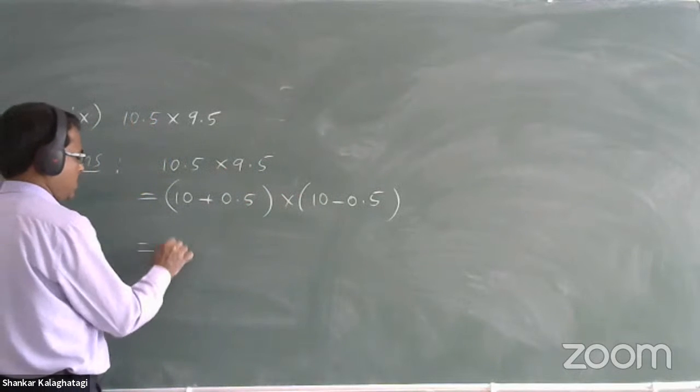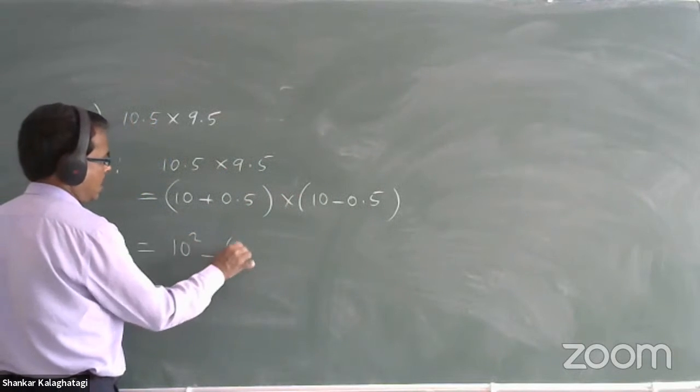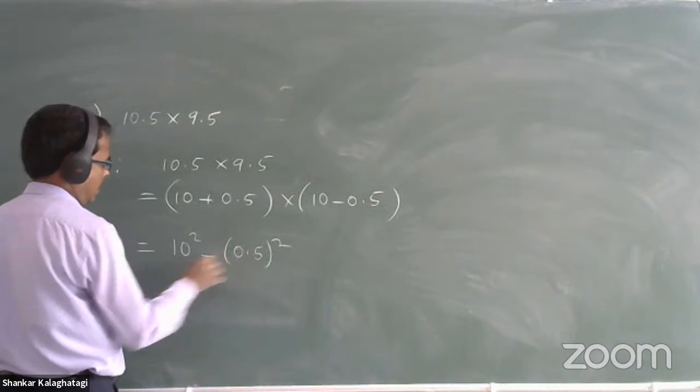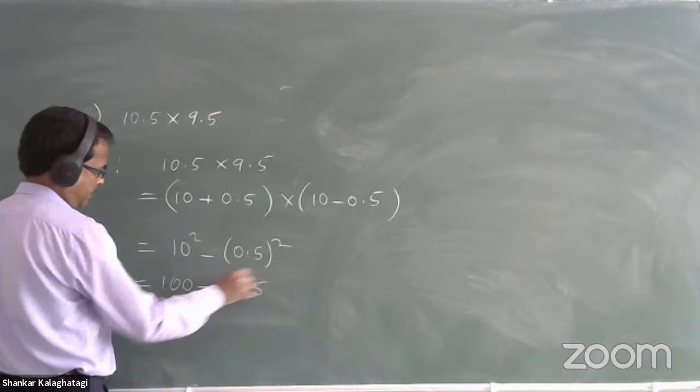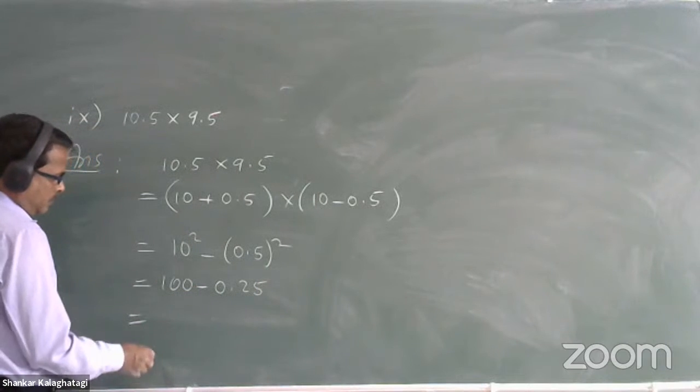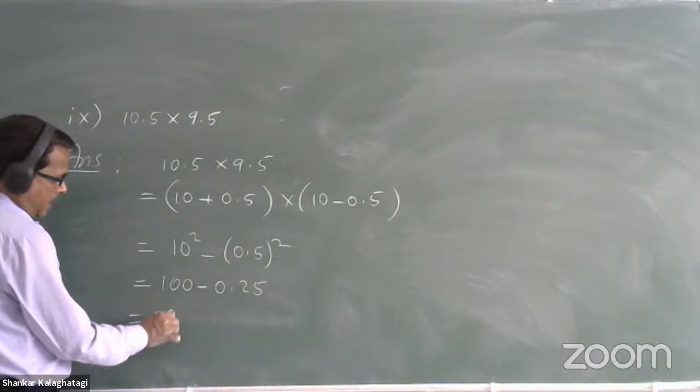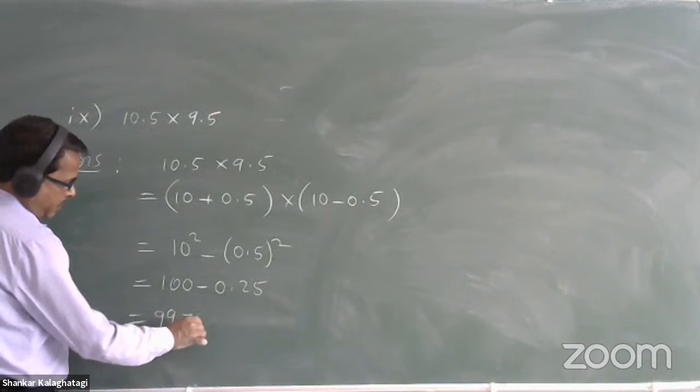So a square minus b square. 10 square minus (0.5) square. 10 square is 100. 100 minus 0.25 equals 99.75.